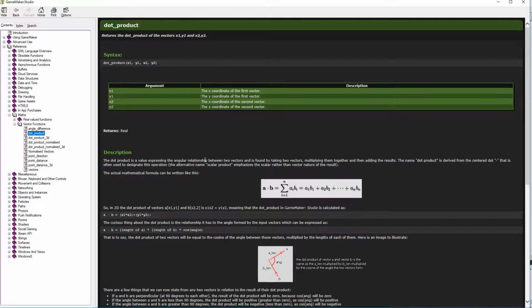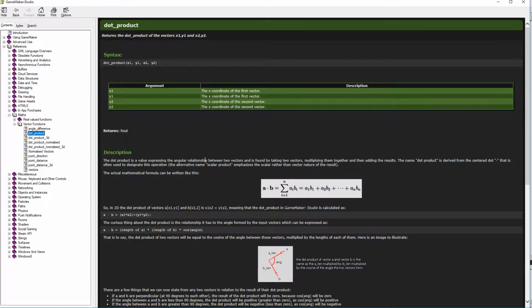The alternative name, scalar product, emphasizes the scalar, rather than vector, nature of the result. The actual mathematical formula can be written like this: A times B equals the sum over i of A_i B_i.